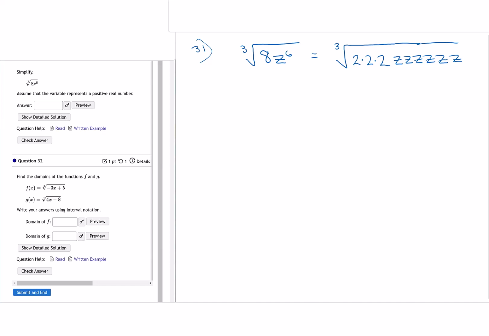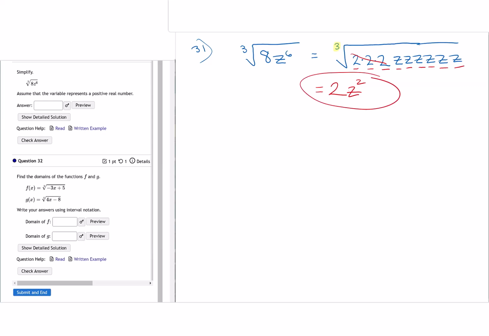Because I have this 3, I need 3 of the same number under the radical. 1, 2, 3. Okay, I have 3 2's. So these all come out as 1. 1, 2, 3. There's 1 z. 1, 2, 3. 2 z's. Notice if I divide 6 by 3, I'll get 2. I have 2 sets of 3 z's. However you want to think of it, this is the final answer.